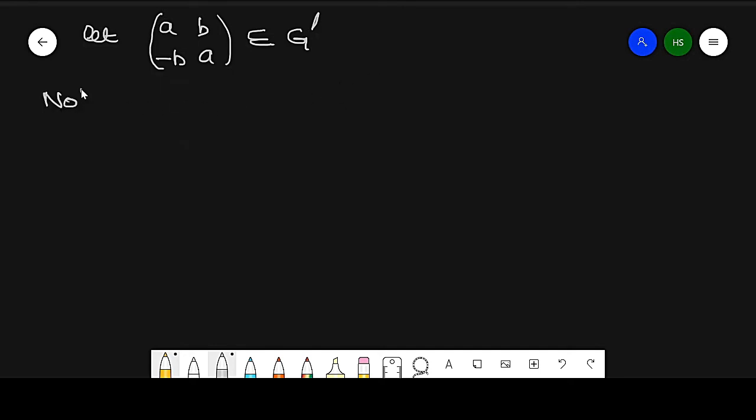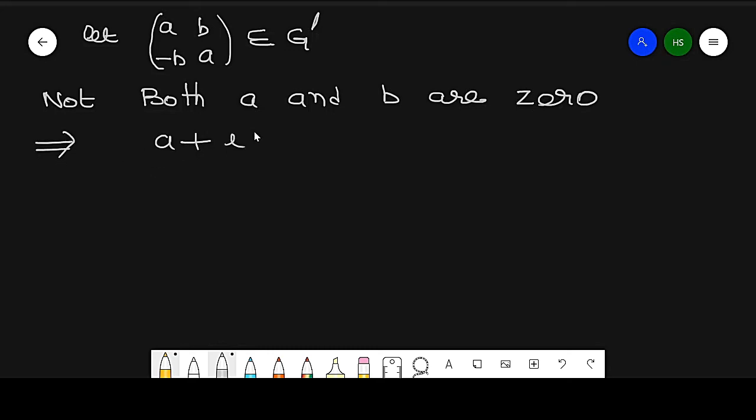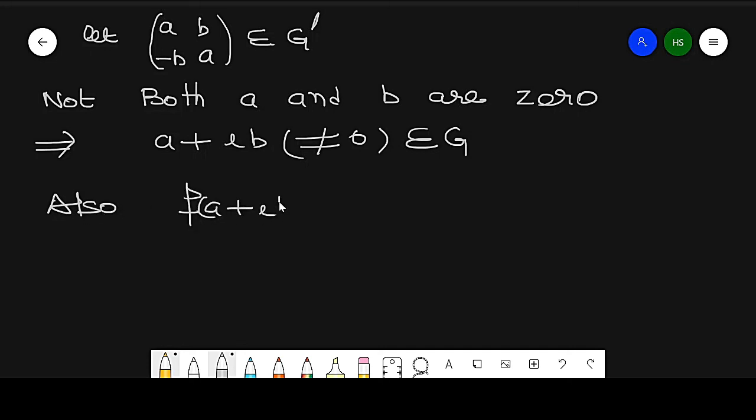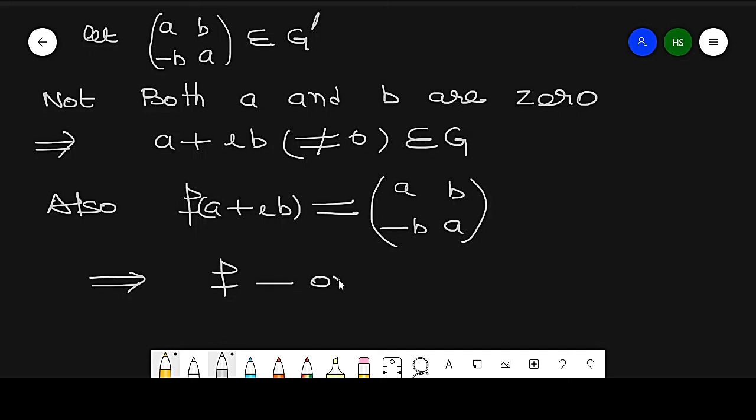Since not both a and b are 0, it implies a plus iota b, not equal to 0, also belongs to G, and its image, a plus iota b, is equal to AB minus BA. So it implies this map F is onto.